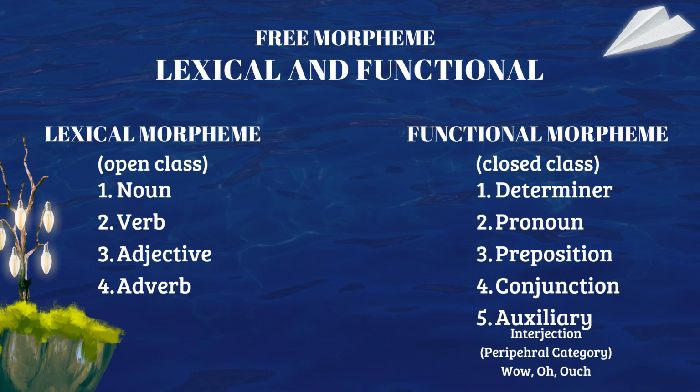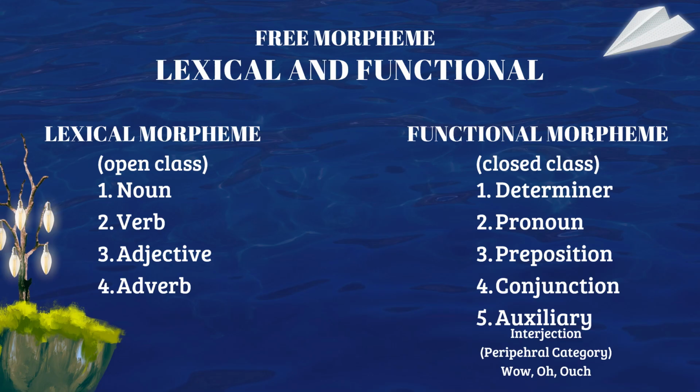Then there is functional morpheme, also called a closed class. These words don't really carry much meaning on their own, but they are very important to make the sentence grammatically correct.